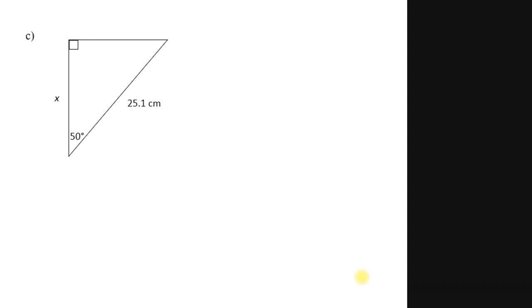Here we have a reference angle of 50 degrees, and we're looking to solve for side x. Relative to the 50-degree angle, here are our adjacent and hypotenuse sides. The trig ratio that deals with adjacent and hypotenuse is the cosine.